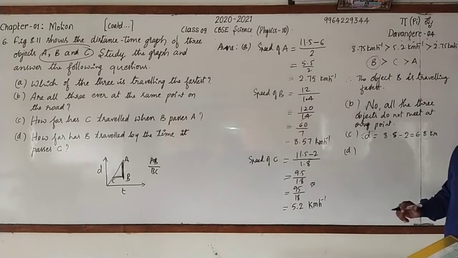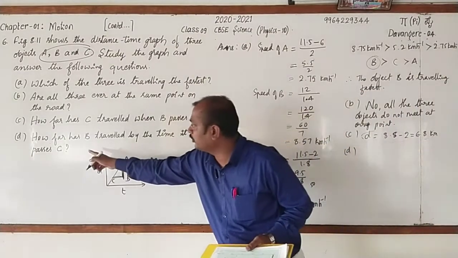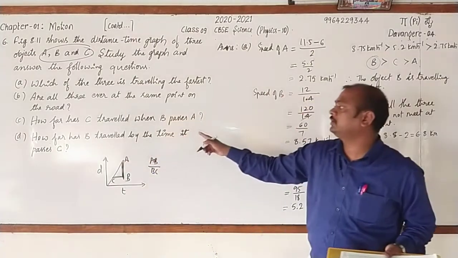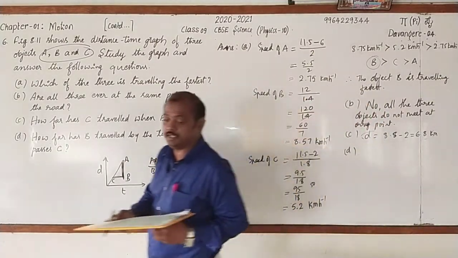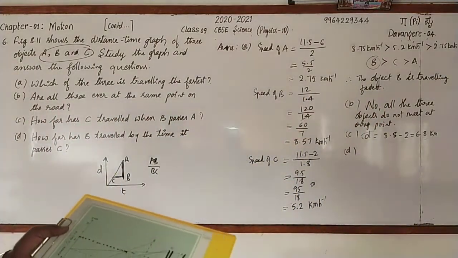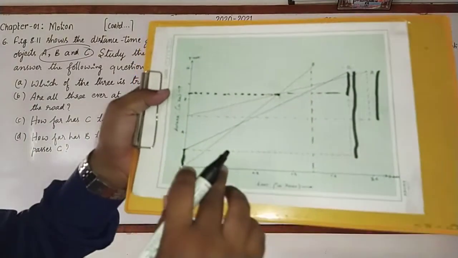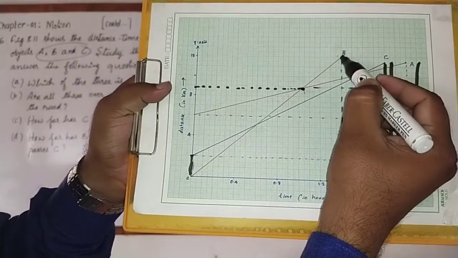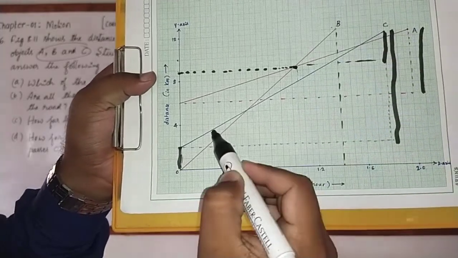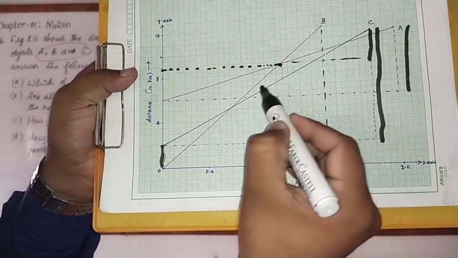Now D. Just go through this. How far has B travelled by the time it passes C. Look here. See, this is the line.